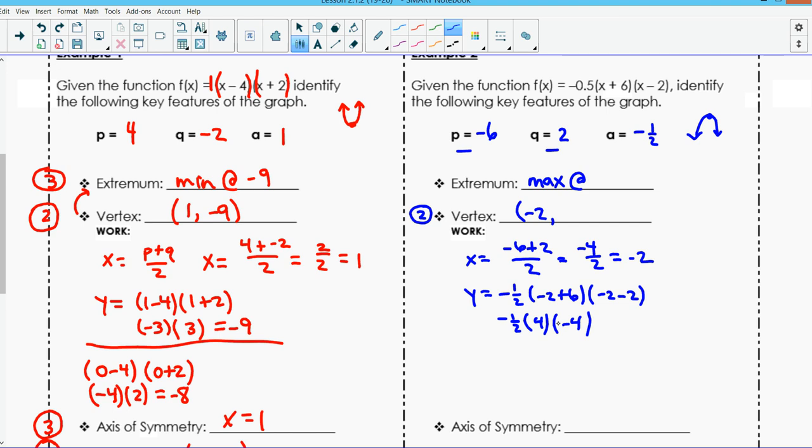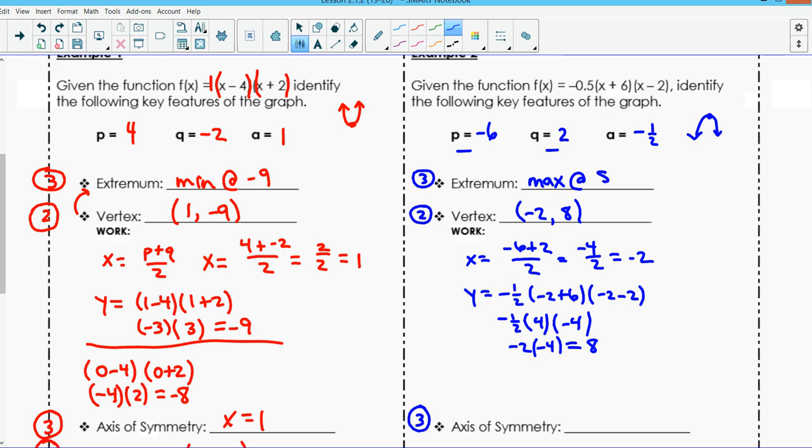And you can perform this in a couple ways. I'm going to take half of 4. So this gives me -2 times -4, which I'm writing out just so I don't lose the negatives, which gives me 8. I could also do 4 times 4 is -16. Half of that is 8. So there's my 8.